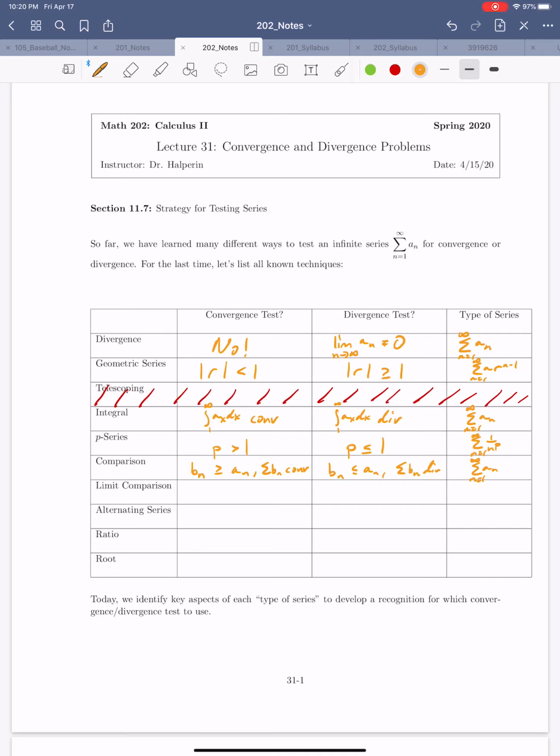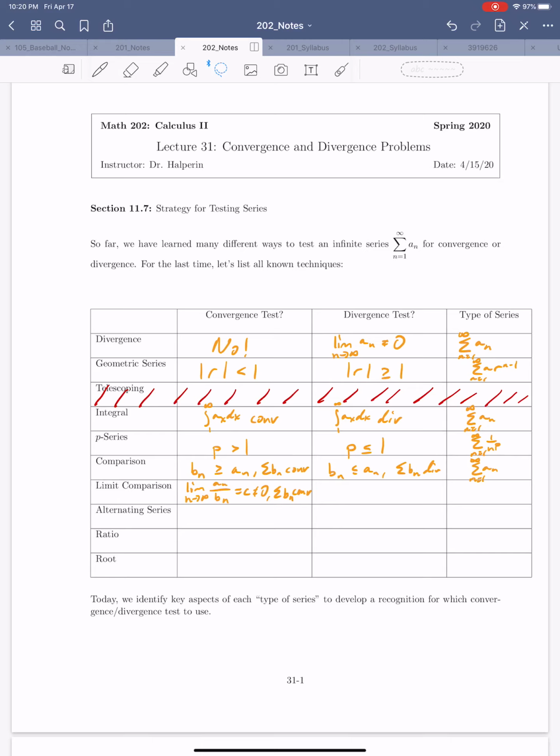All right. Limit comparison test is the same sort of thing if we have that the limit as n approaches infinity of a_n over b_n equals some constant that's not 0, and the sum of b_n converges.